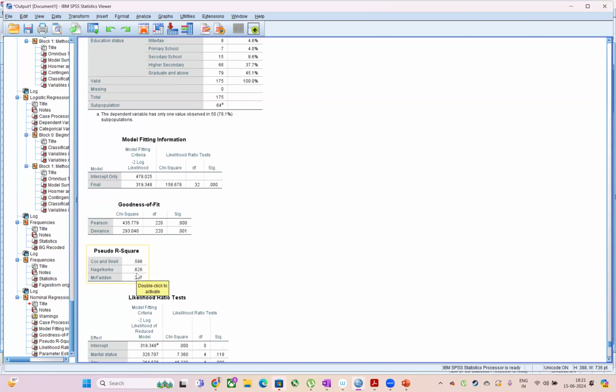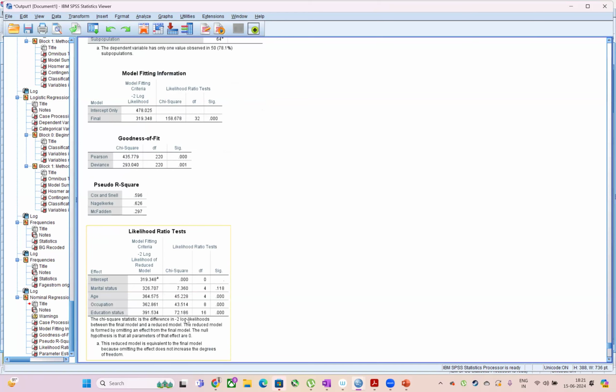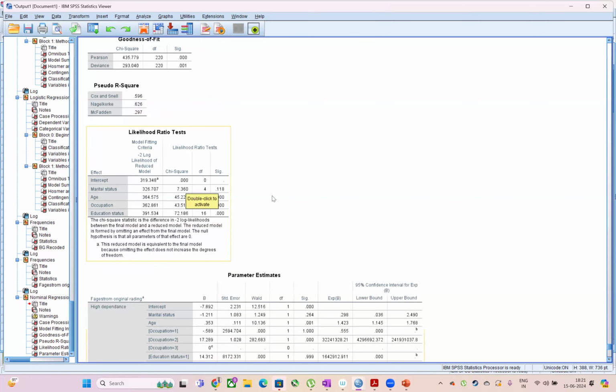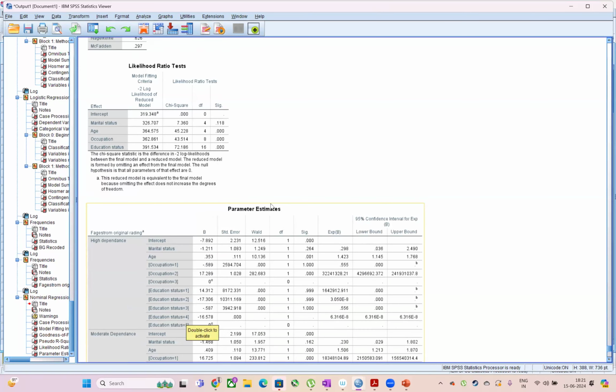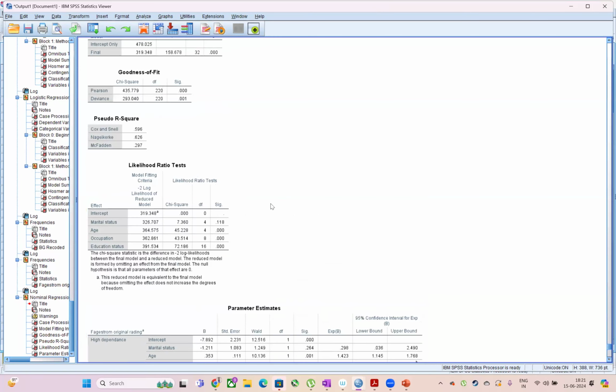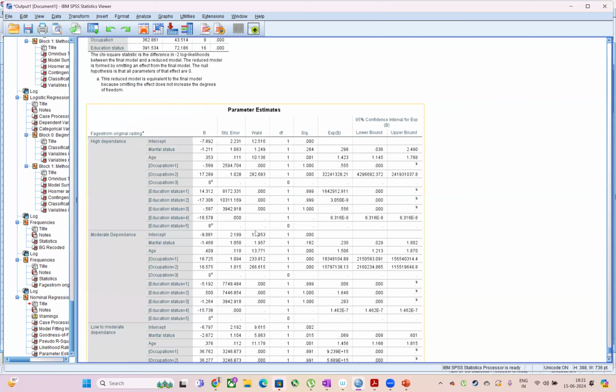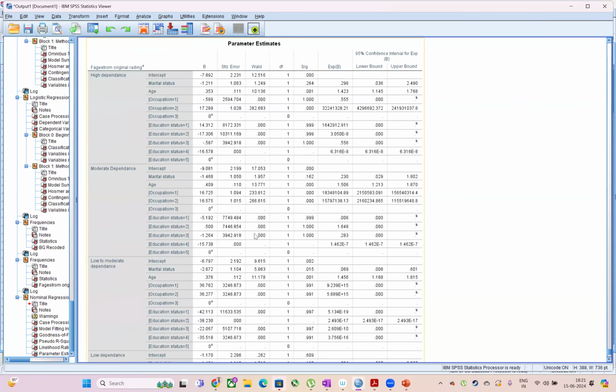So 62% of the variance in the dependent variable can be attributed to the independent variables contained within the model, which are what all we put: occupation, marital status, age, and all that. So this is the regression model.